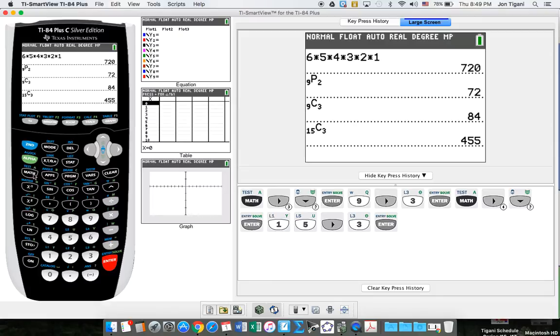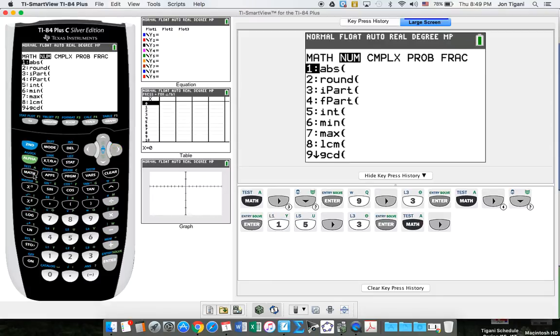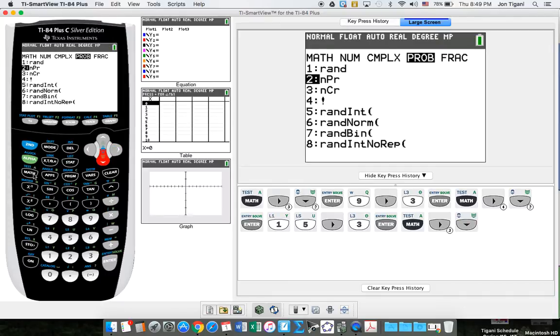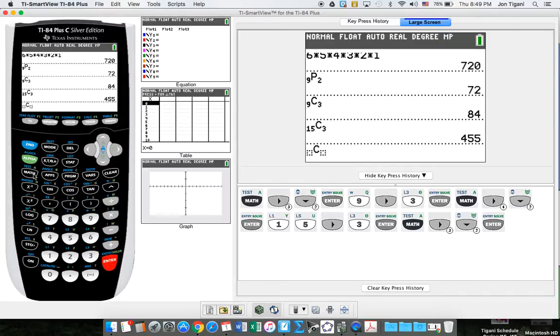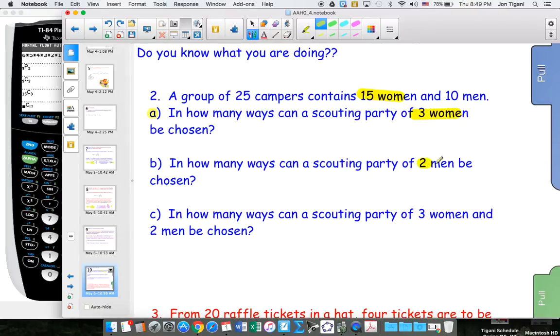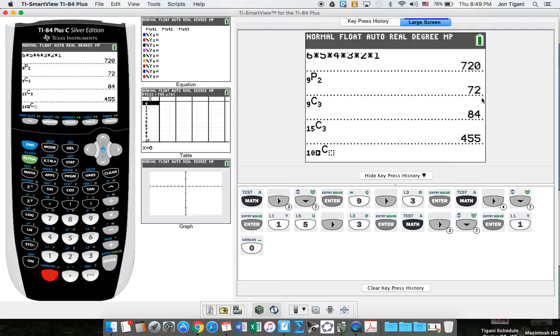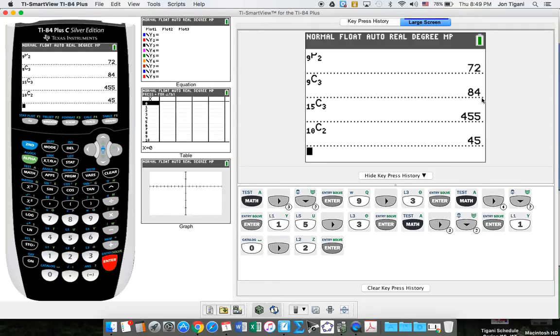We had 455. The next one was, I believe, the men, 2 men from 10 to choose from, 45, and then we multiplied these 2 together.